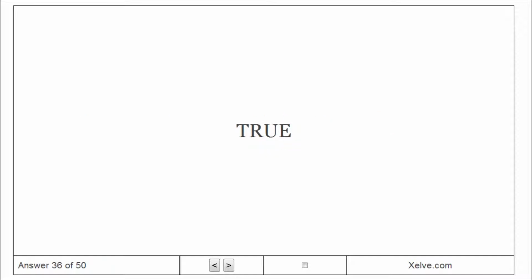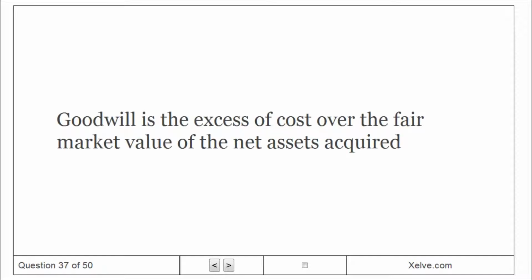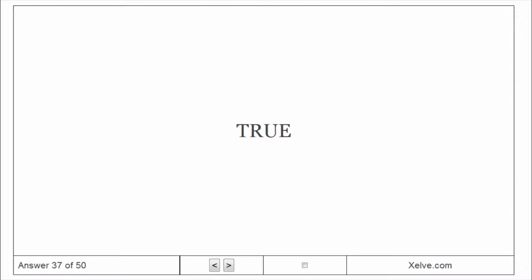True. Goodwill is the excessive cost over the fair market value of the net assets acquired. True.